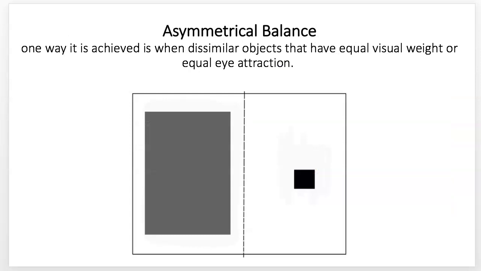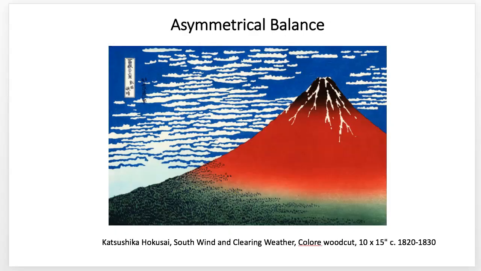This is another way you could do it, to have visual weight that's the same, equal visual weight. A bigger square of gray and a small square of a darker value, right? This kind of shows you some of the ways in which you could pull this off. This is happening through a smaller amount of red and then a bigger amount of cooler colors like green and blue.